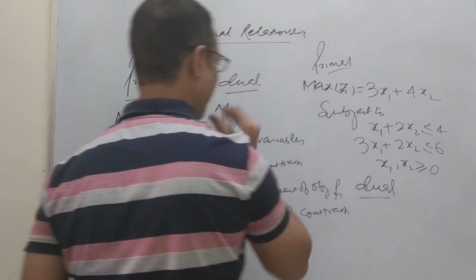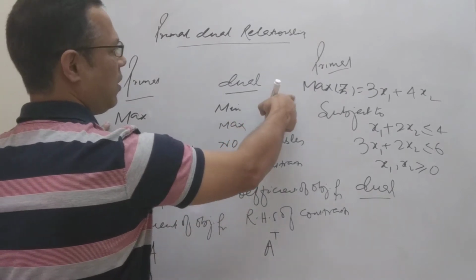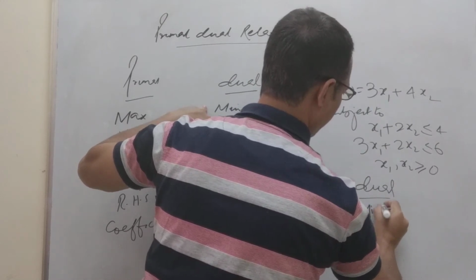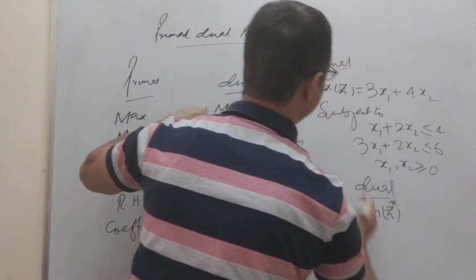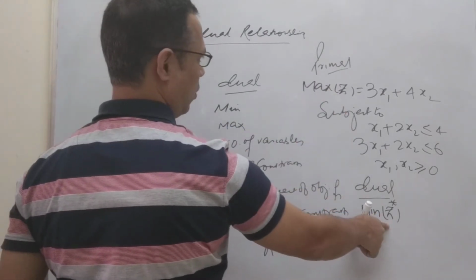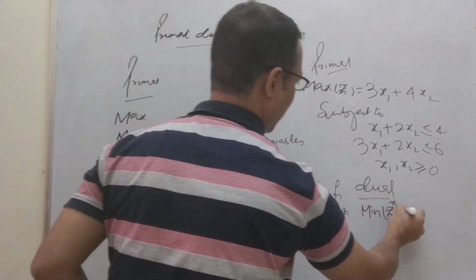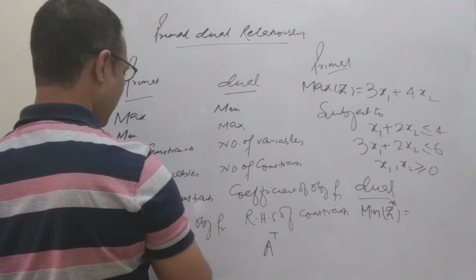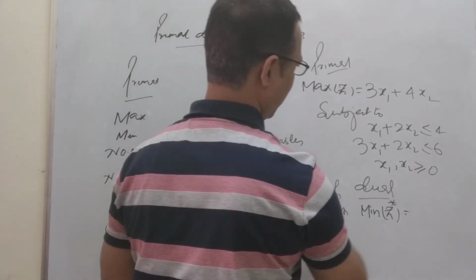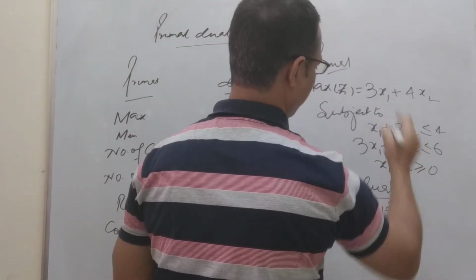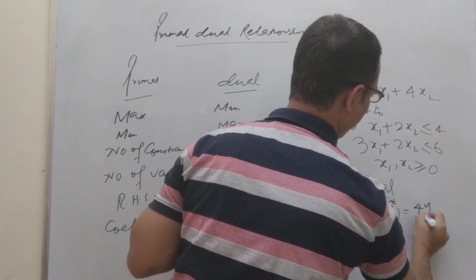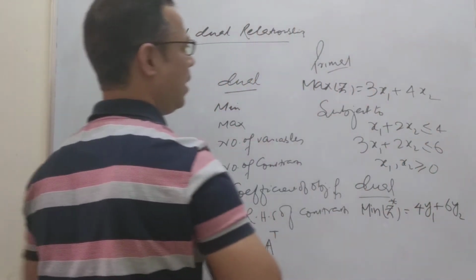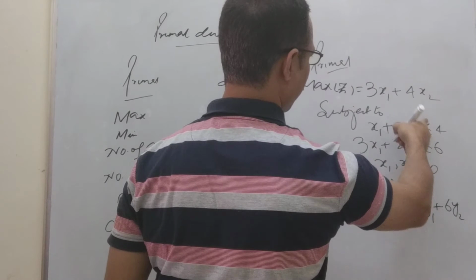Now let's see what the definition says. If the objective function is given in the form of maximization, it will get changed into minimization form. So I'm going to write minimization z. Just for identification, I am going to change this z to z star, and the right hand side of the constraints will become the coefficients of the objective function.